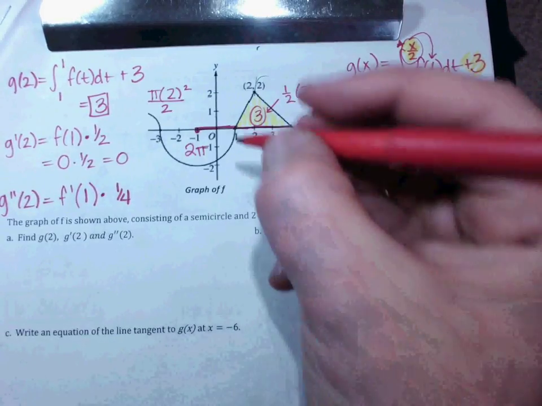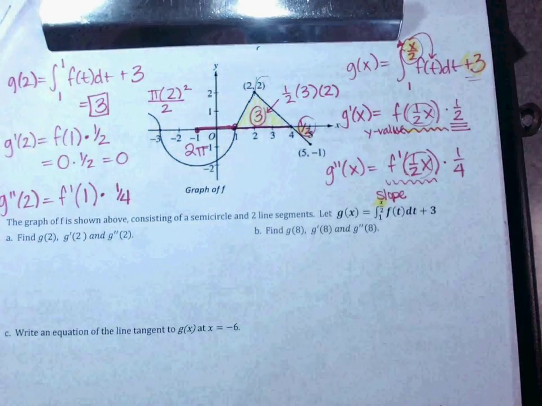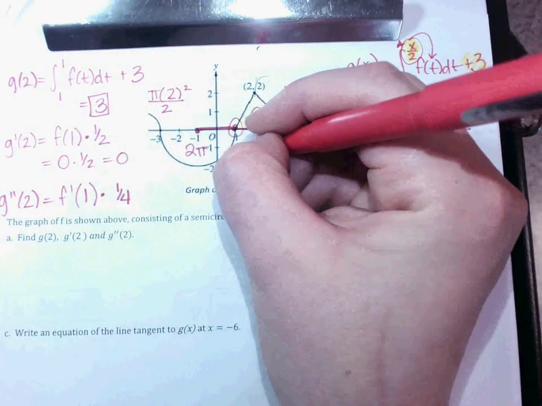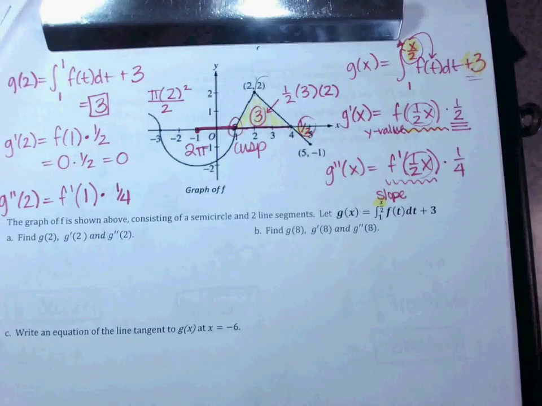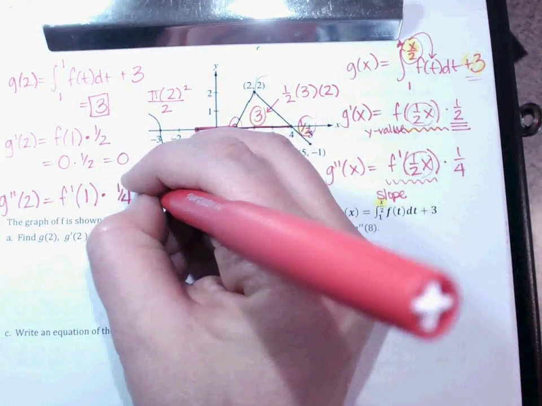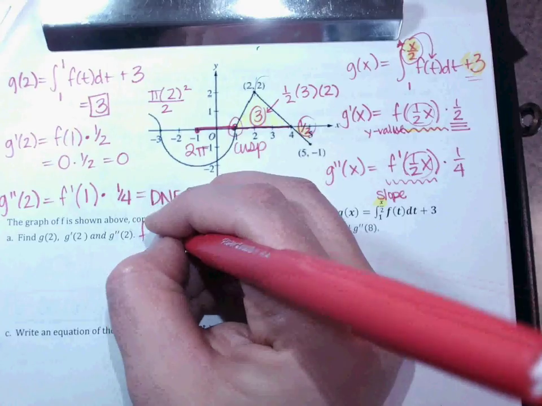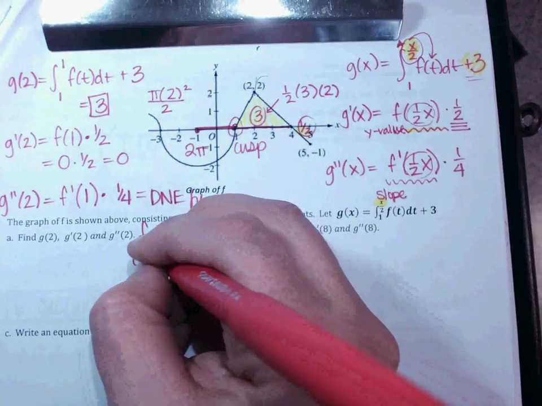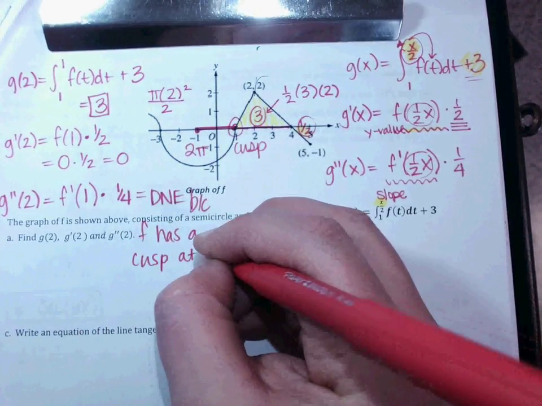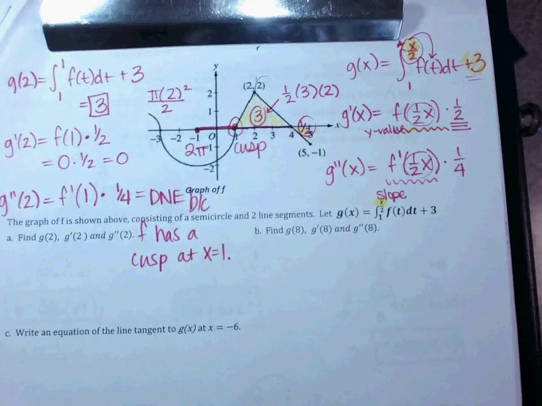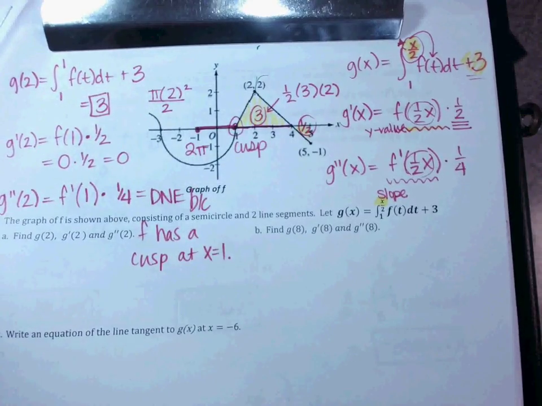Why is it DNE? Cusp. That is a cusp. I know we haven't done limits in a while, but if part of it is DNE, the whole thing's DNE. So this would be DNE because f has a cusp at x equals 1. Okay, so now you do part B.